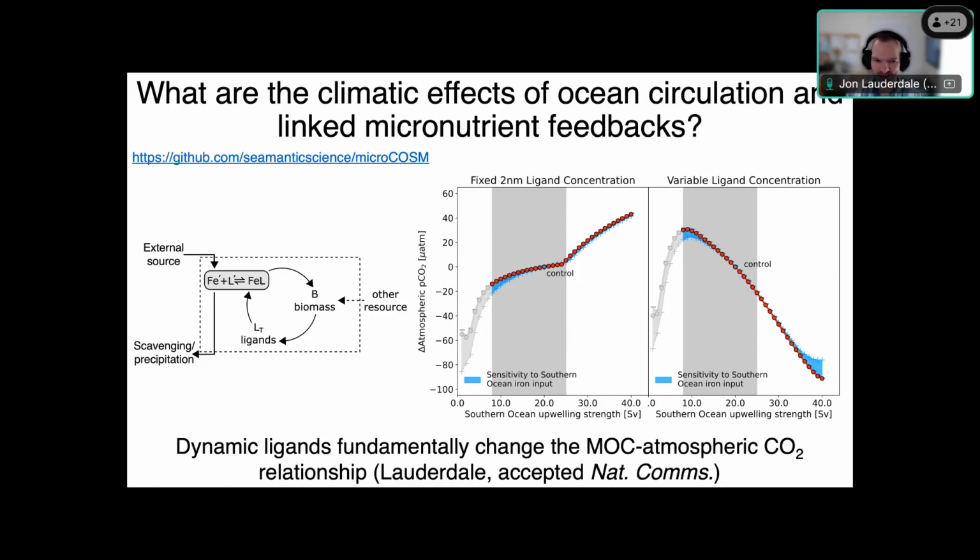I'm not sure that many models include such a feedback. For the modern, we're probably okay, but going forward, whether we see an increase in the strength of the natural carbon sink when you decrease the MOC, or an outgassing, a decrease in the strength of the natural carbon sink, is an open question in my opinion.